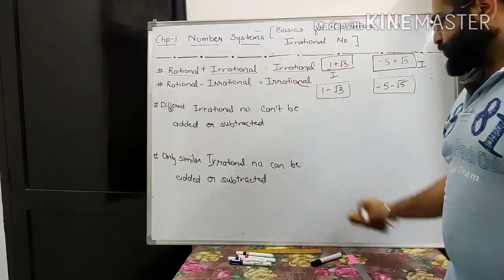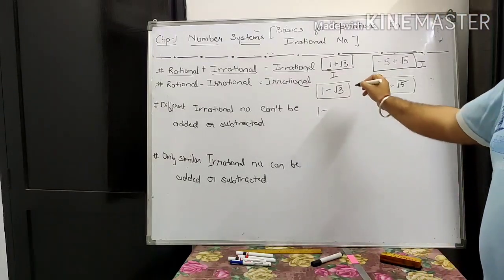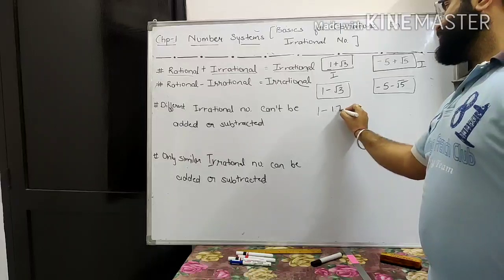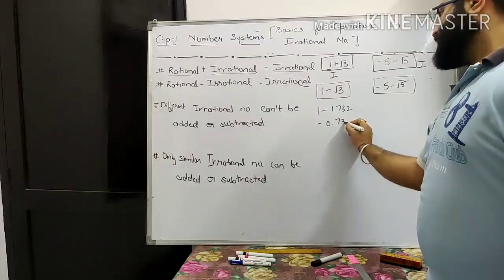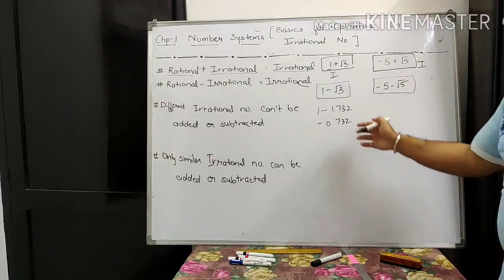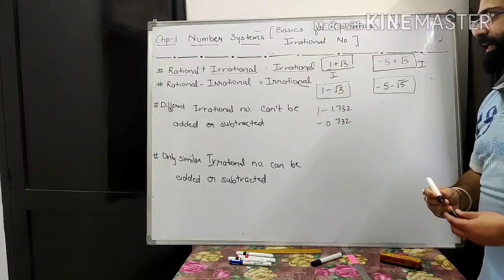What you are supposed to do is 1 minus the approximate value for root 3, that is 1.732, and after subtracting you will get minus 0.732. This is how you get the approximate values for the irrational terms, but you cannot simply operate these numbers.